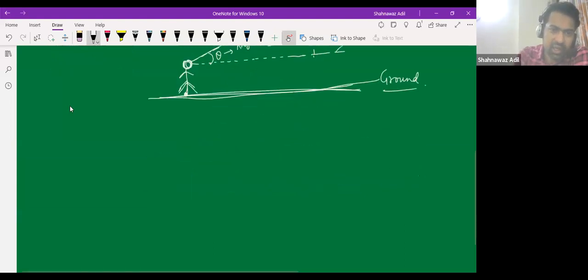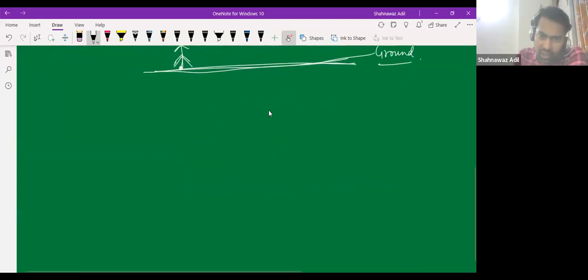And there is another case also. Let's say this is some building or tower, and the person is standing on the roof, and this is the bottom of the tower. Some object, let's say a car, is down here.